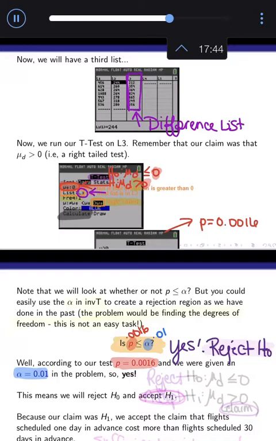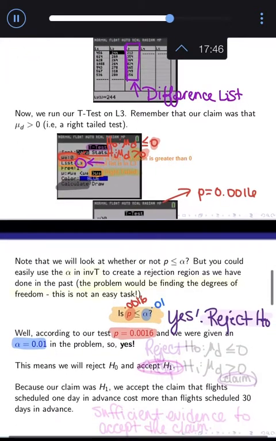So I need to restate my H naught and my H1 to figure out what that means. Well, go back and look at it. Remember, H1 was that your difference was, let's see, greater than 0, and that was our claim. And our null hypothesis was that the difference, the mean of the difference, was less than or equal to 0.